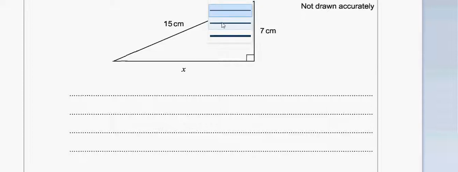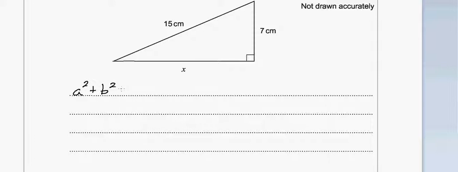So Pythagoras, you should know a squared plus b squared equals c squared. And remember, c is always the hypotenuse, and for these two lines, it doesn't matter which one's a and which one's b. So we call this one a, for example, and this one b.